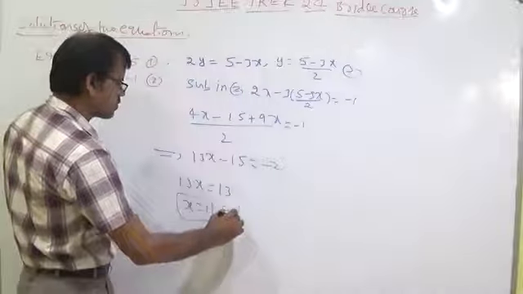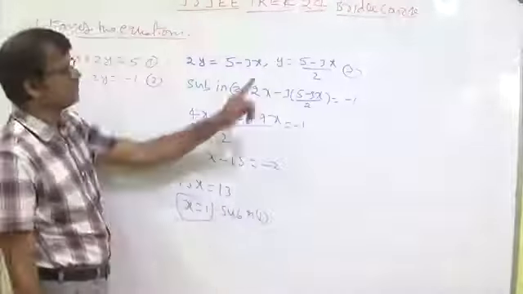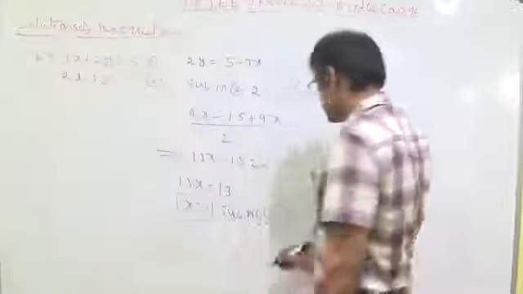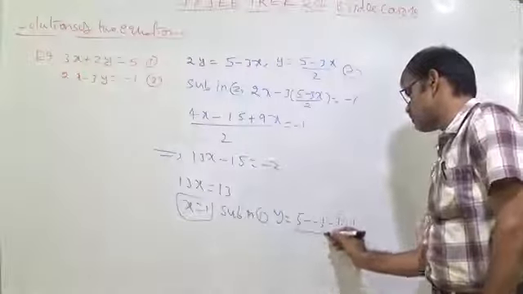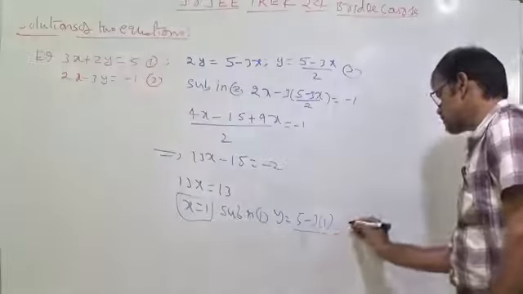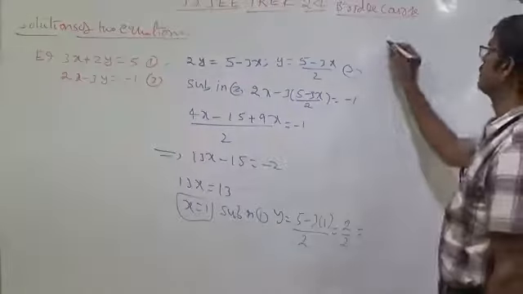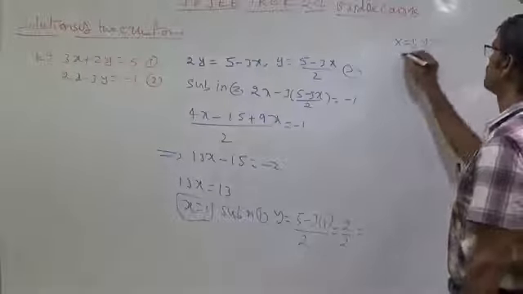Whenever x is equal to 1, you can substitute the value in equation 1. So you get the value as (5 minus 3 into 1) by 2, which you can write as 2 by 2. Therefore, x is equal to 1 and y is equal to 1.